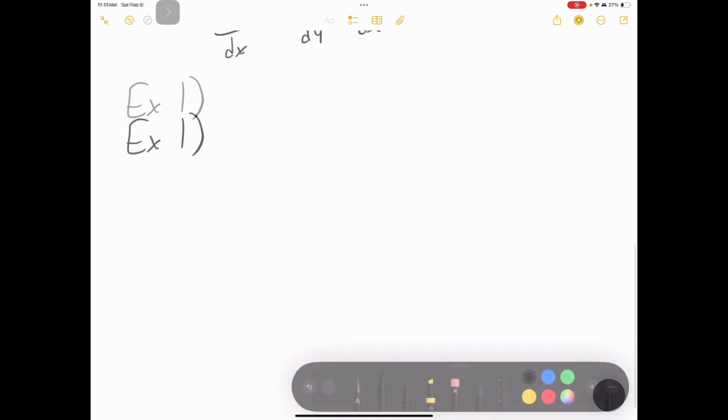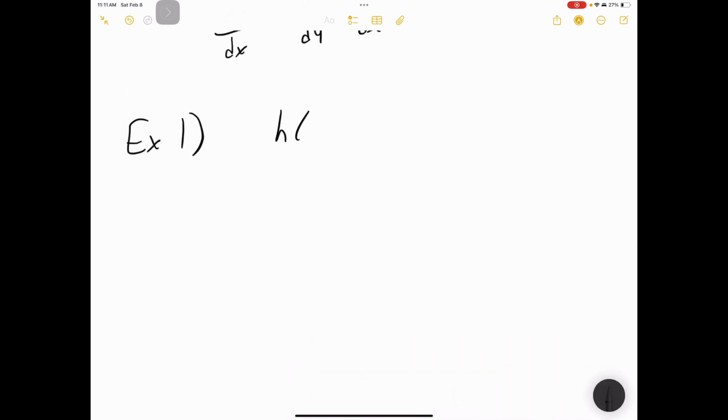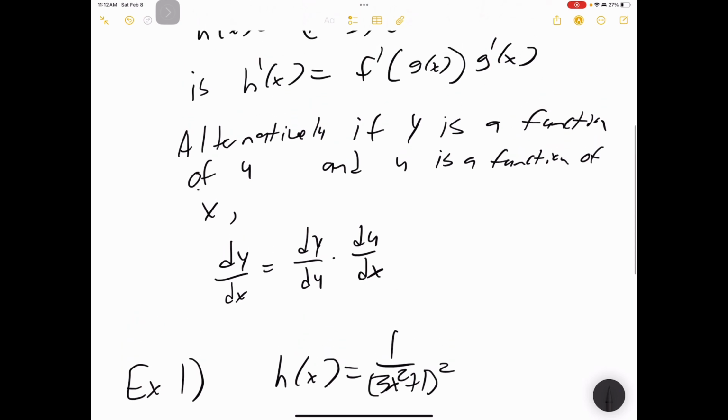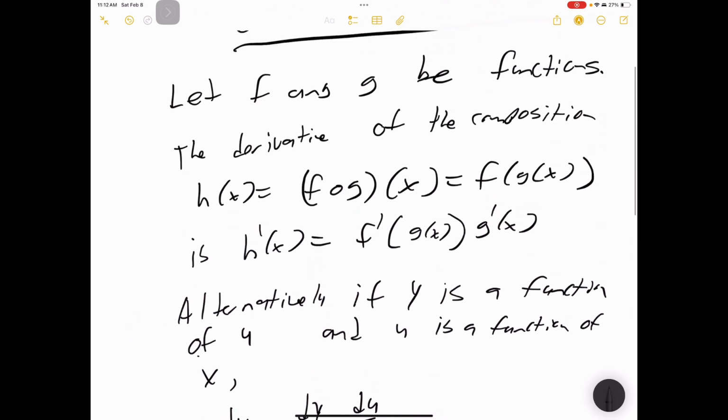And let's do a few examples. So let's say example 1. Let's look at the function h of x is equal to 1 over (3x squared plus 1) squared. And let's identify our f of x and g of x. So in our definition up here, we have h of x is equal to f of g of x.